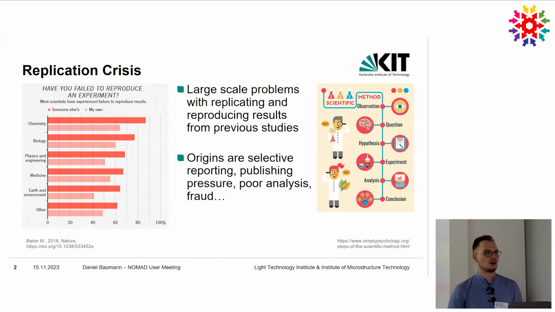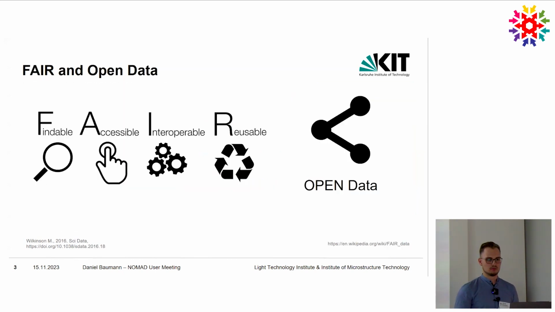This can cause large-scale problems and shake our trust in the scientific method, because it's built on the idea that somebody has a great accomplishment and we want to reproduce this and improve it further. One main origin of this problem is that many synthesis steps are not fully documented or not published in a clear way. As a result, the FAIR data and open data movement was started.